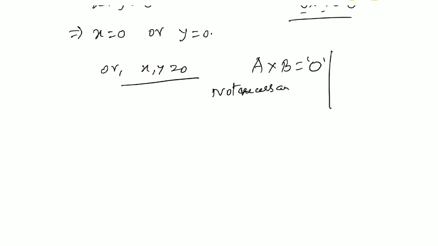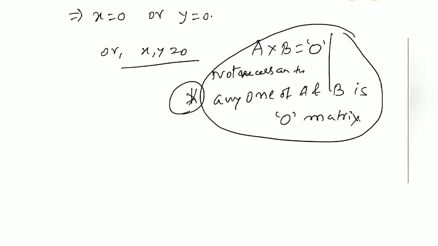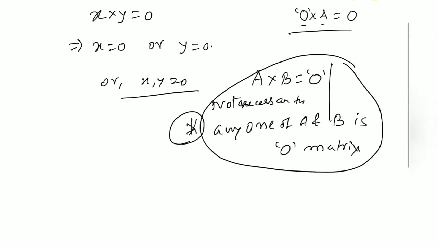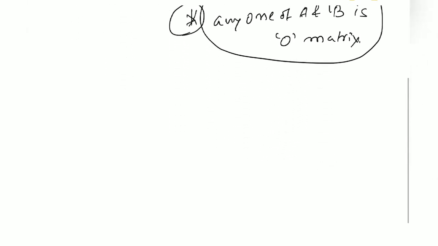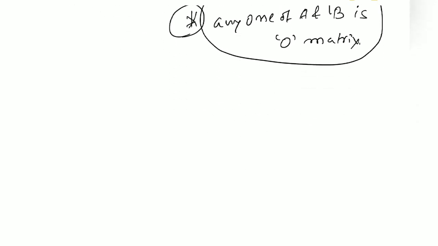It is not necessary that either A or B is 0. So this is something where linear algebra differs from normal algebra. Fine. Remember this. This is the most important point you should remember.